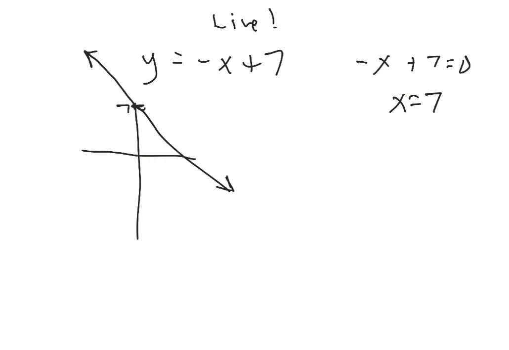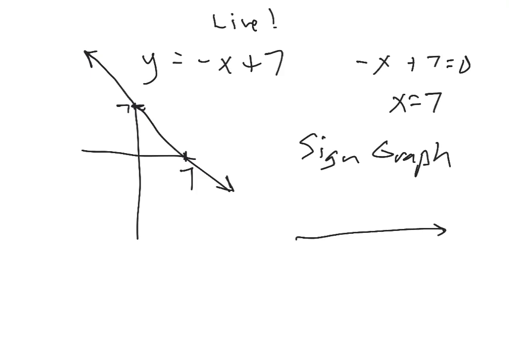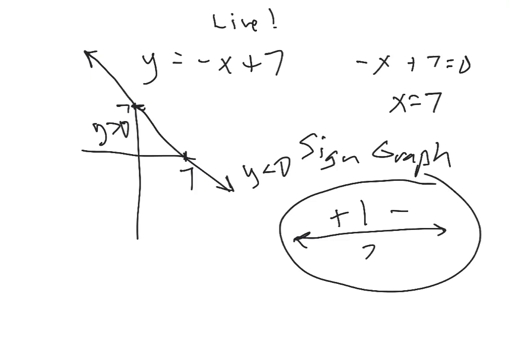So the sign graph goes like this. We've got our number line down here. We have a sign change point at 7. Notice this time we have positive to the left, negative to the right. So the signs go from plus to minus. And there's the sign graph.